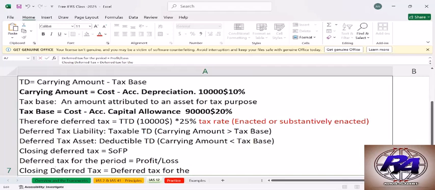So the deferred tax for the period plus your opening deferred tax. I hope you are following. So to get your closing deferred tax, it's your deferred tax for the period plus your opening deferred tax.